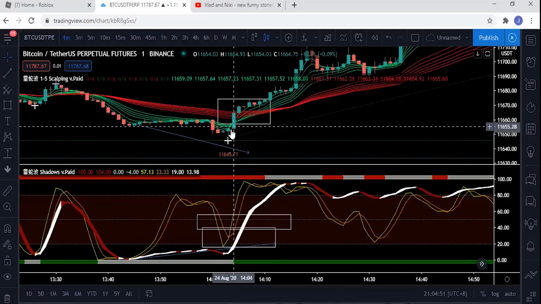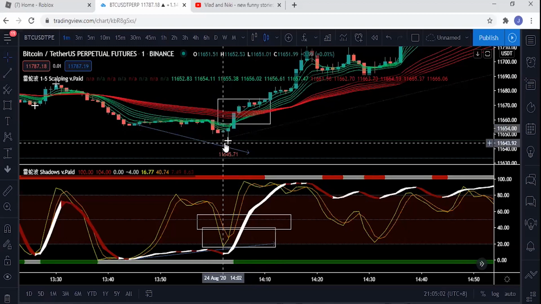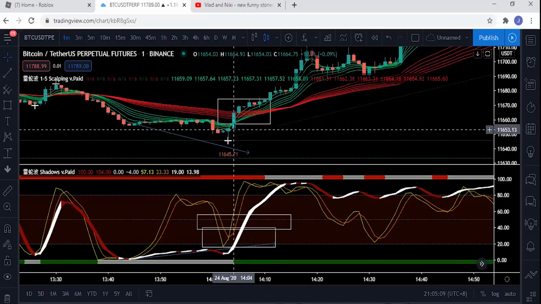Okay, next candle is green, and then it goes down. Then you already see a cross. Then your next confirmation, the color of our candle is green. Next candle confirmation is another green candle.